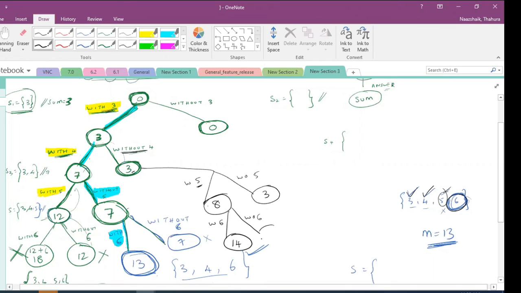And without 6, your answer is 8. Right. Any other thing you have? Any other child you can create out of this? No, ma'am. No, because we finished examining all the numbers, right? And anyway, none of these matched our sum. So we don't have to go back and trace it, right? So none of this resulted in the answer.